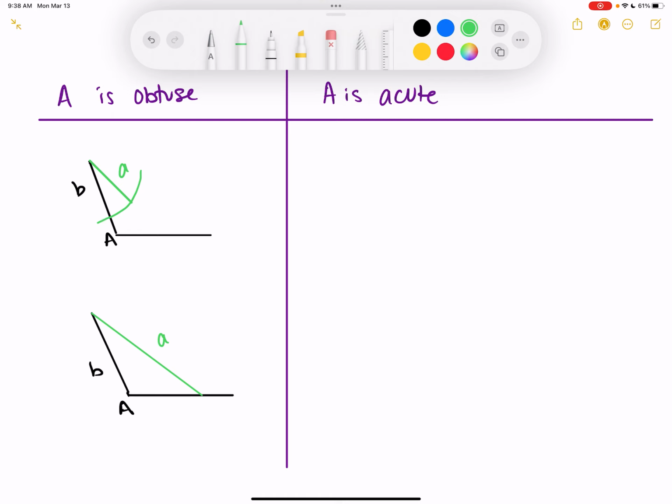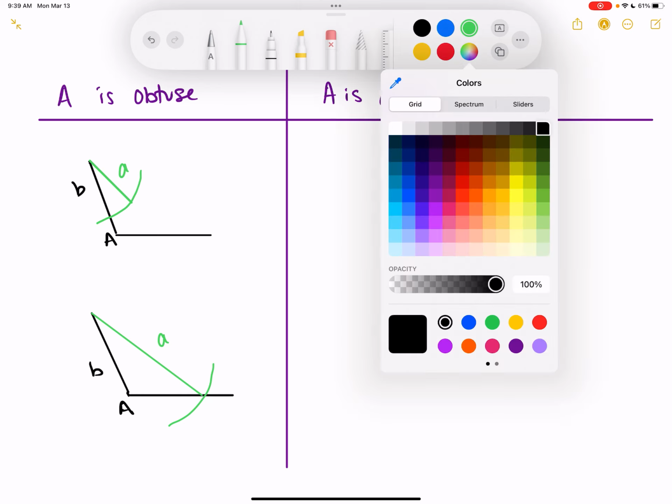So now this arc that I'm drawing is just where it would intersect. Because basically you're given a line and you're just trying to figure out where it intersects on the line.